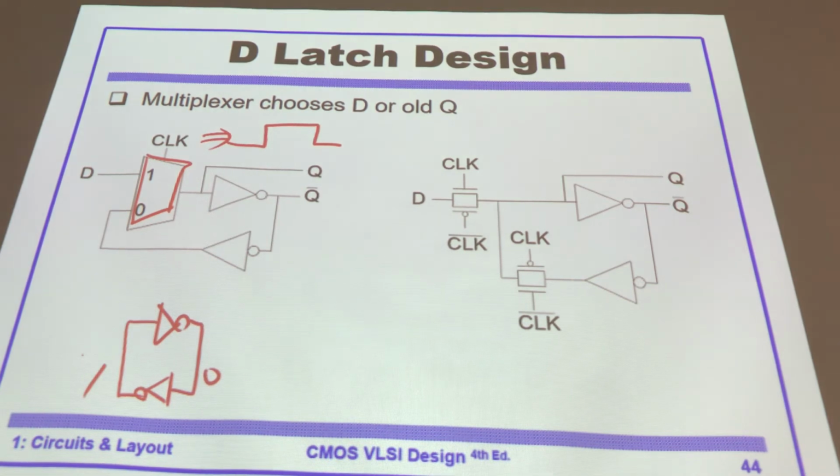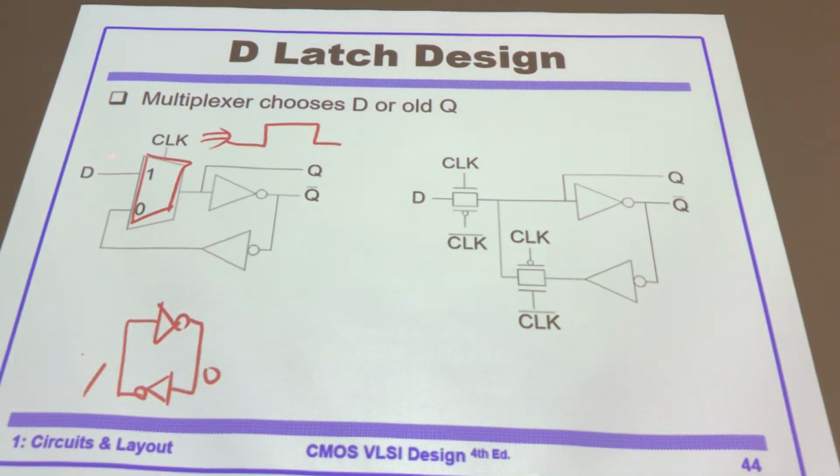Right? 当你时脉讯号从1跳到0的时候，因为 when clock is high, you can change D value, right? D can be low or high, it could be changing.